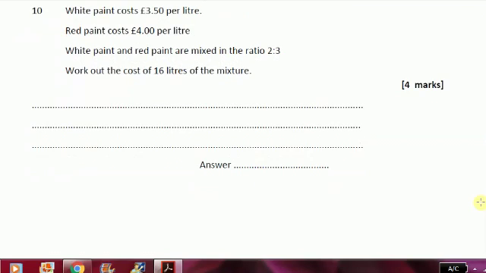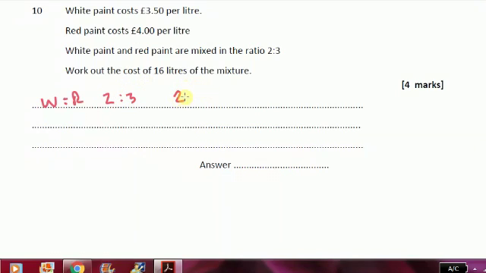Question 10. White paint costs £3.50 per litre, red paint £4 per litre. White and red are mixed in the ratio of 2 to 3. So white to red in the ratio of 2 to 3.